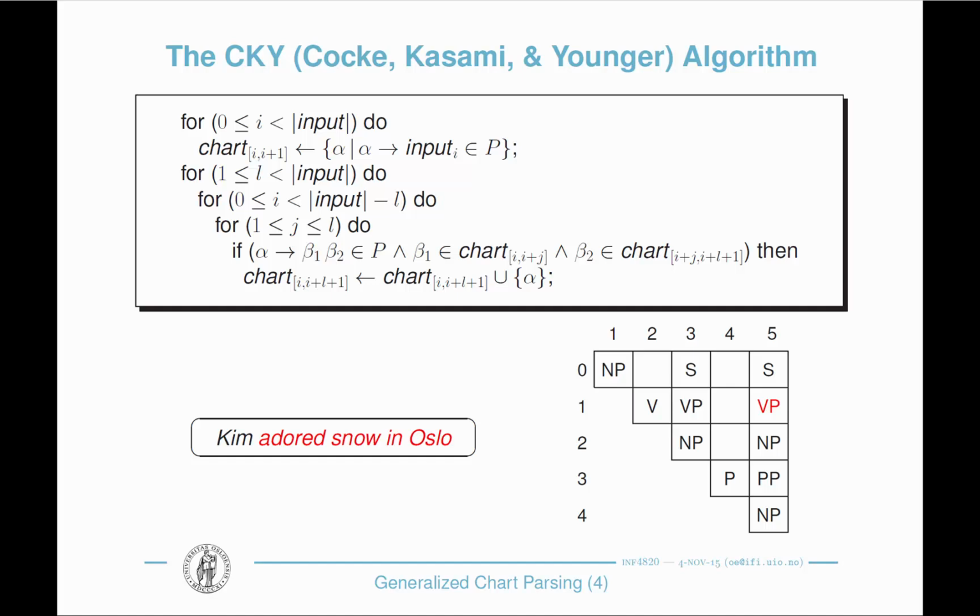So if we were not using the set metaphor for our cells in the table, we could have 2 VP nodes here. But then we would be back to the combinatorics we don't want. So that's an essential observation.